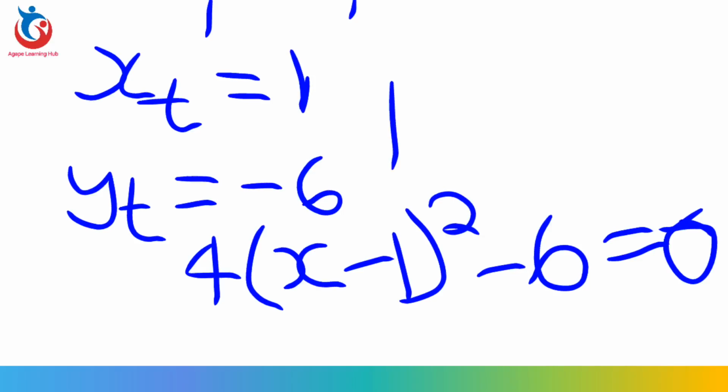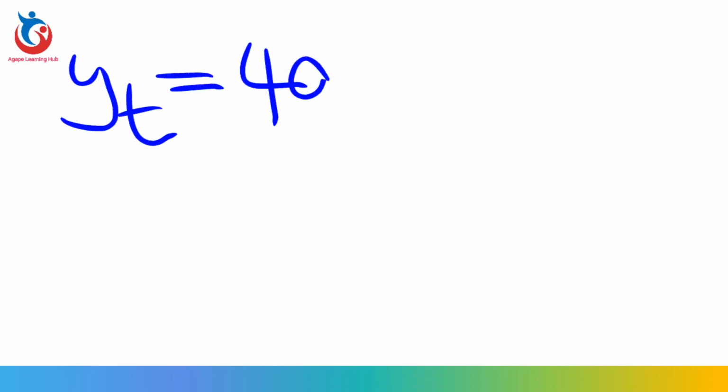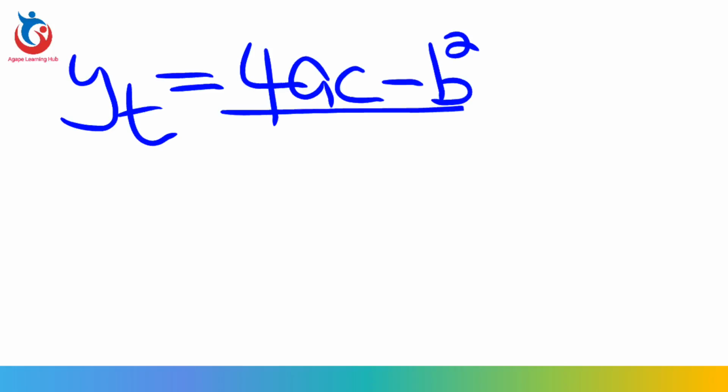The formula for k is 4ac minus b squared over 4a.